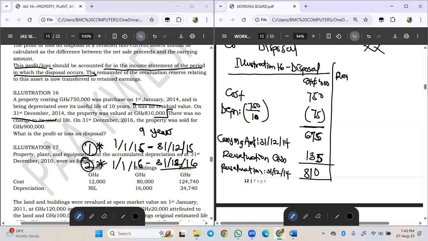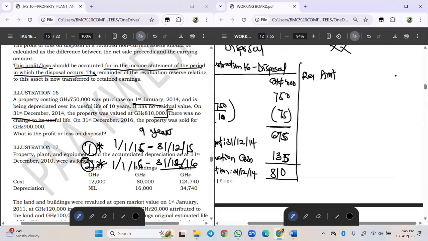The revalued amount is 810. So I said after revaluation, we use the revalued amount as our base to calculate the depreciation, not the historical cost. So it will be 810.